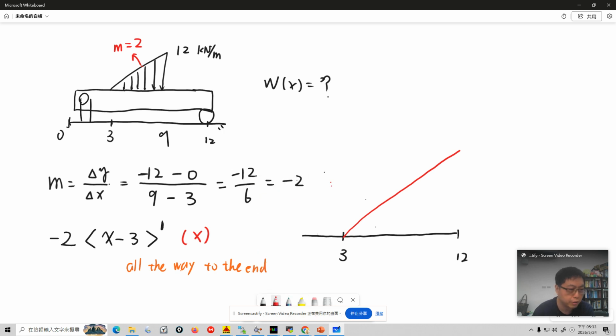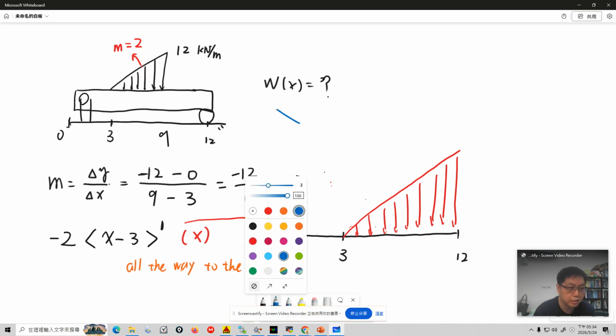Back to this explanation. If I write the triangle load as minus 2 times the bracket x minus 3 to the power 1, that means the distributed load continues like this, all the way to the end. So you can see this is not equal.